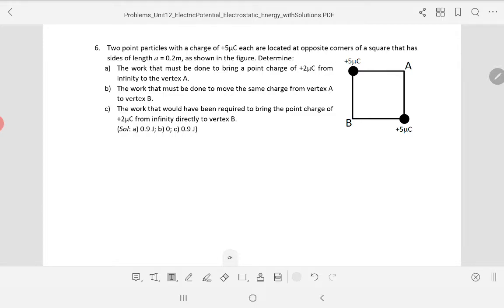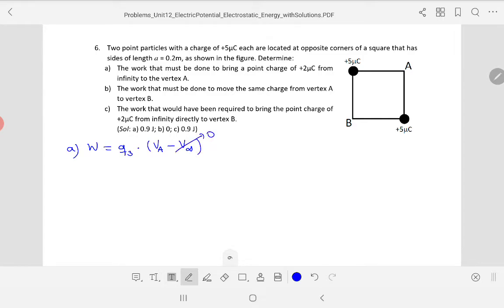So to calculate the amount of work needed to do this, we have to bear in mind that this is going to be work against the field. So this is going to be the charge we're going to bring, which we'll call Q3, times the difference of potential between the final point, which is A, and the initial point, which is infinity.